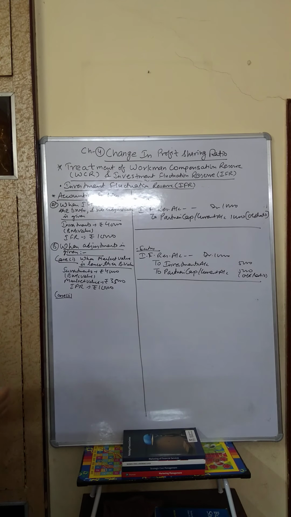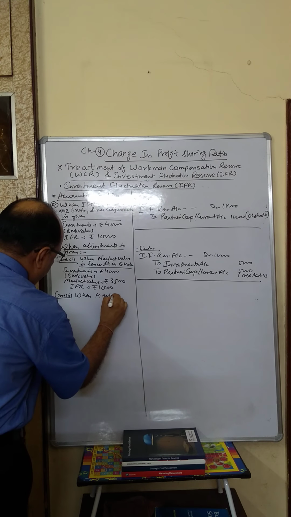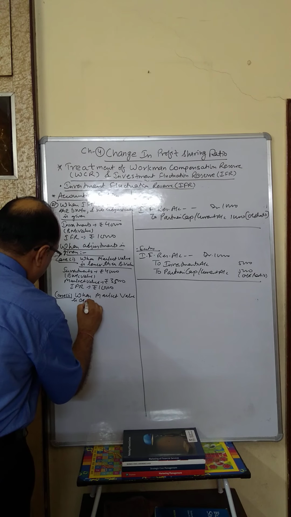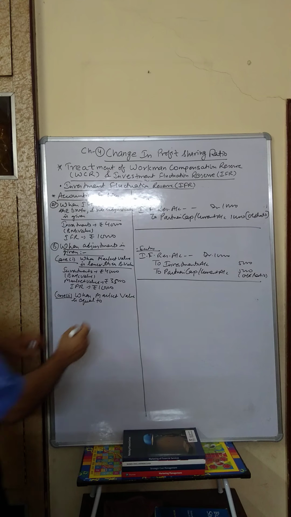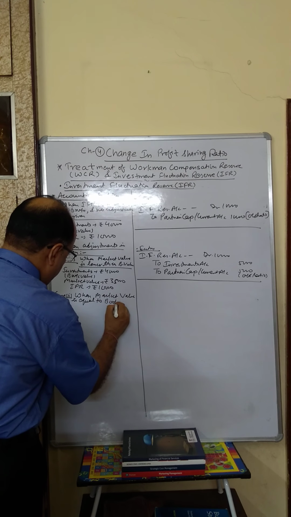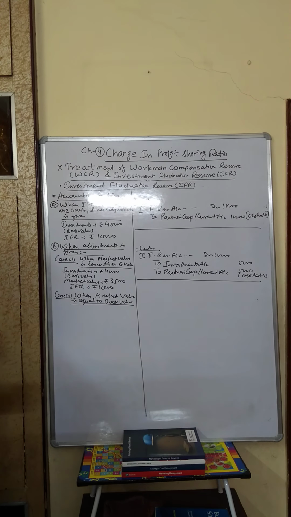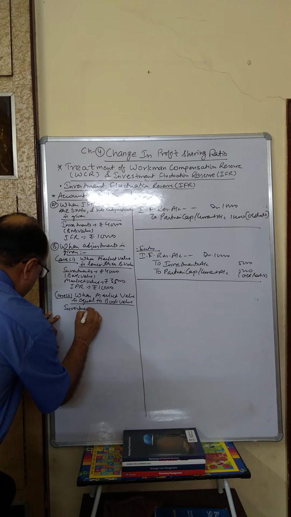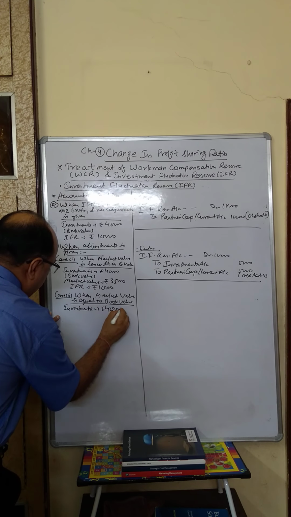Now case 2, when market value is equal to book value. Say for example, investments book value is given rupees 40,000.